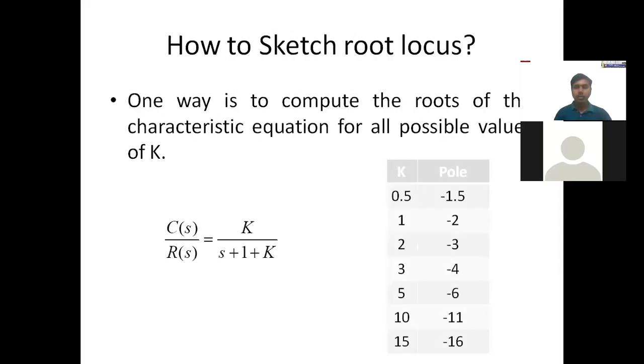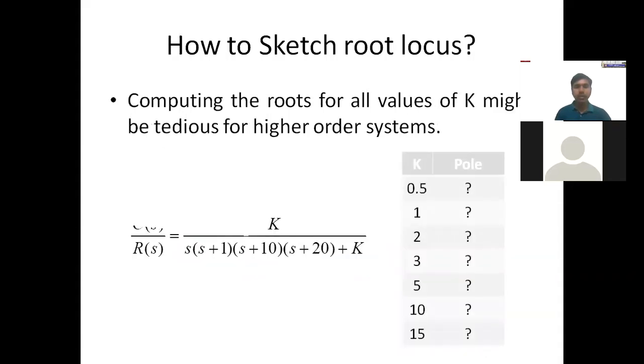How to sketch the root locus? If it is a simple transfer function like the previous example, it's very easy to calculate the pole values for different K values from 0 to infinity or 0 to some higher range. But if you take a large, complex transfer function like this, how do we find the pole locations? It's very difficult for a higher order system.